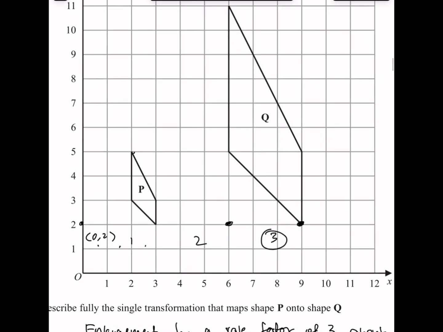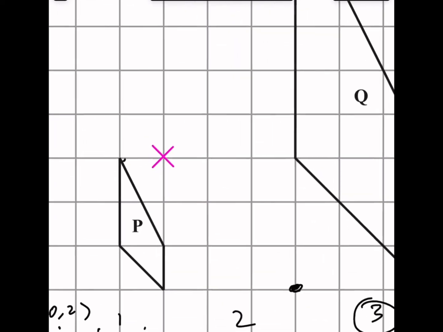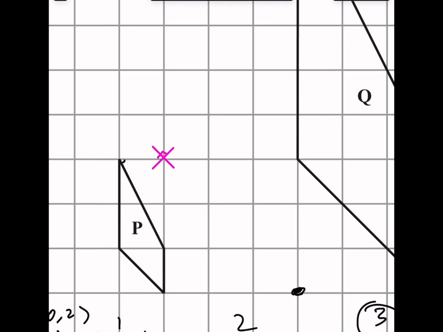Here in the exam it is going to be easier than this, but if you see, I mark the point like an X so that each angle is 90 degrees. And you'll see later why I do this.